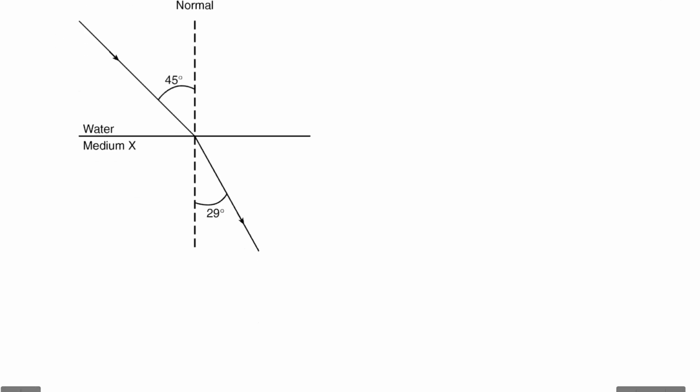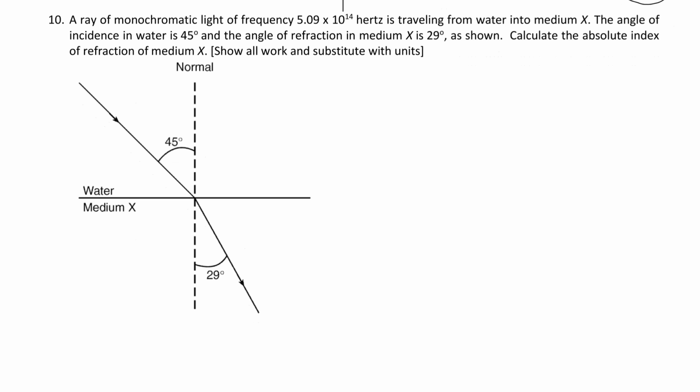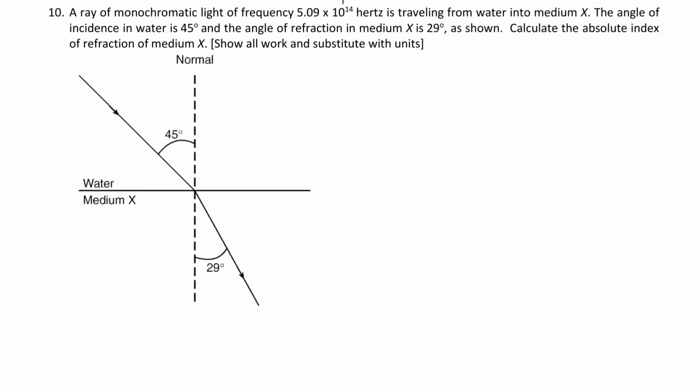Number 10 looks like just a review of refraction, because why not? So we're done with the diffraction, dispersion, Doppler effect questions, and when you're talking electromagnetic waves and the physics Regents, they like these refraction problems. So a ray of monochromatic, that means one color of light, of frequency 5.09 times 10 to the 14 hertz.